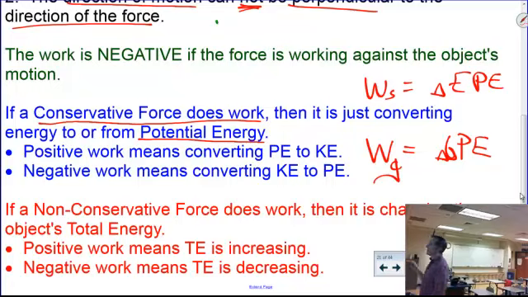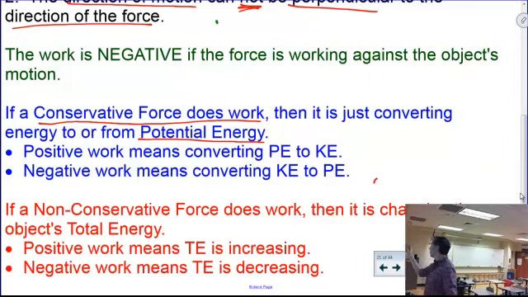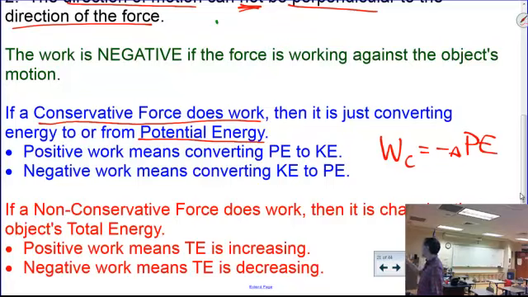The only difference is the sign is flip-flopped, because if I drop the pen, I lose gravitational potential energy, but gravity does a positive amount of work. So the work done by a conservative force is equal to the opposite of the change in potential energy.